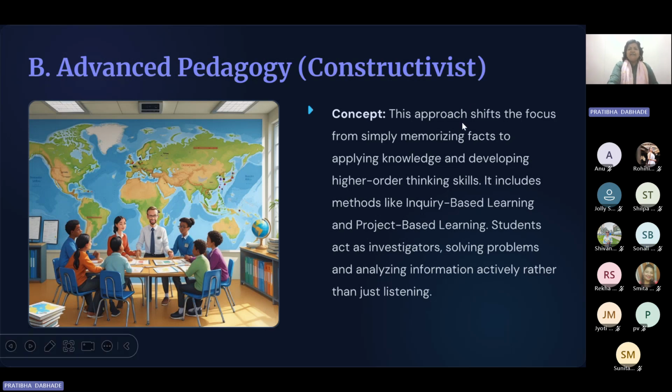Here, this approach shifts the focus from simply memorizing facts to applying knowledge and developing higher order thinking skills. They are not giving focus to basic level objectives like recall and recognition, memorizing the facts. Here we are giving focus to applying the knowledge they are getting.